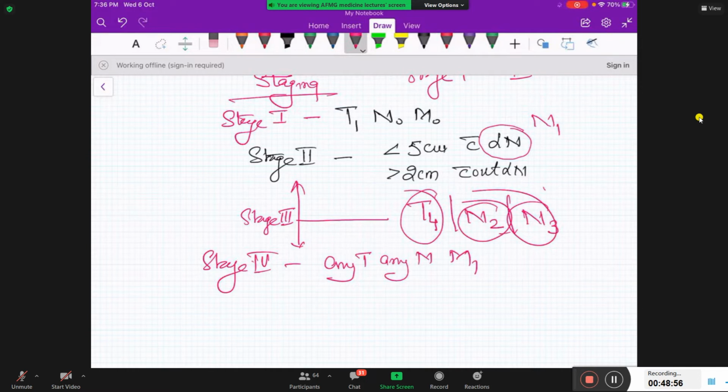Stage 2. जल्दी कोई नहीं है, जल्दी नहीं है. Ipsilateral. जब क्वेश्चन नहीं सुना तो आंसर दीजिए. 6 centimeter lump with ipsilateral mobile axillary lymph node.